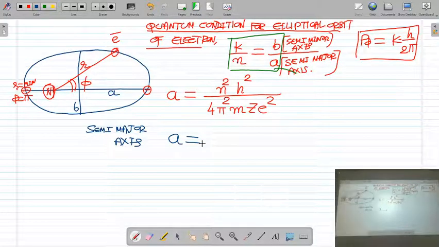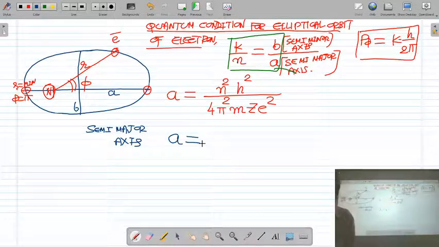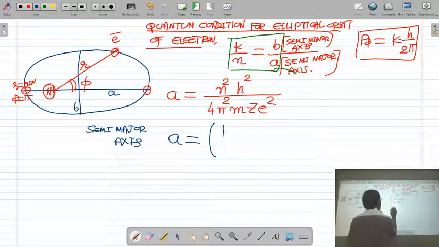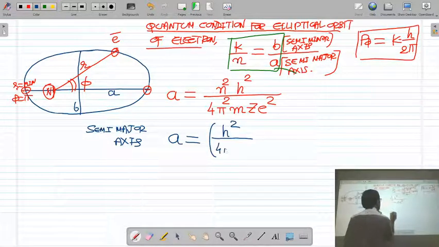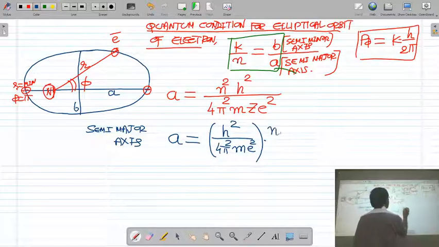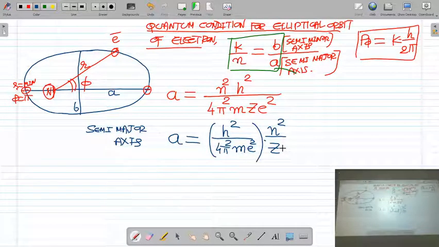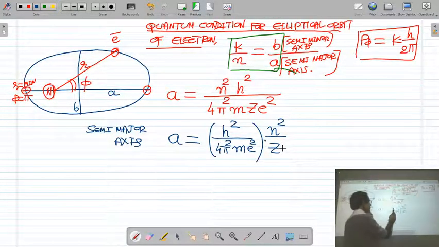You will get this final equation of the semi-major axis: n square h square upon 4 pi square m z e square. I can write this equation as h square upon 4 pi square m e square into n square upon z.